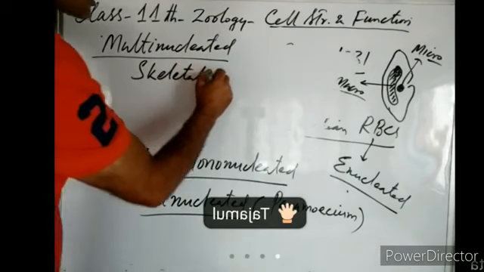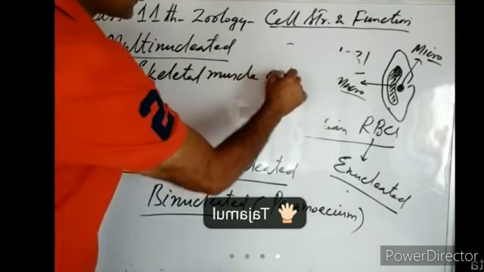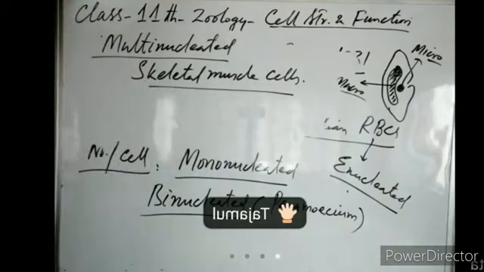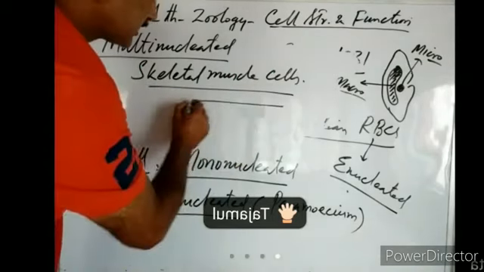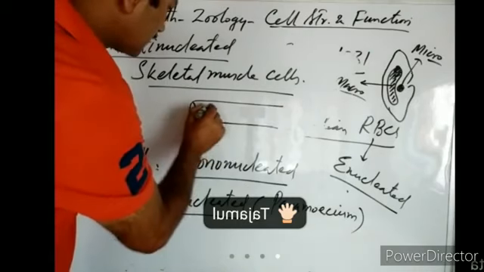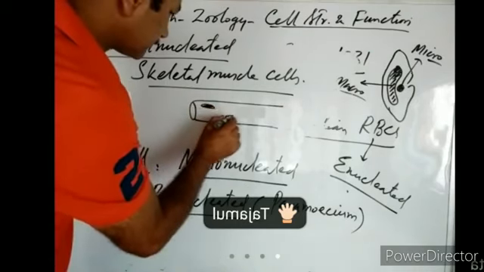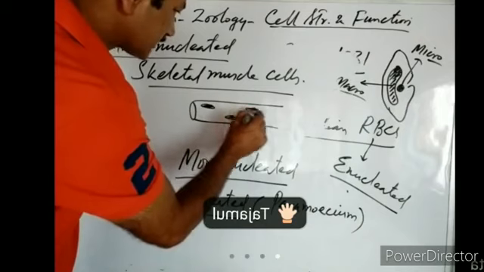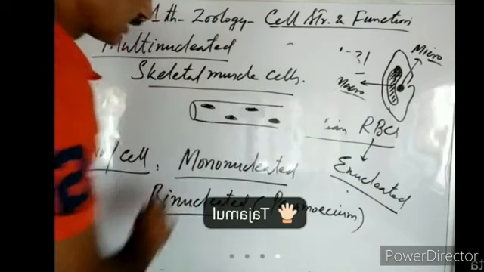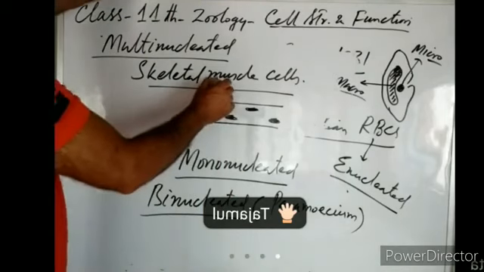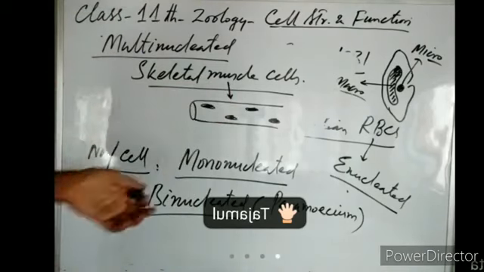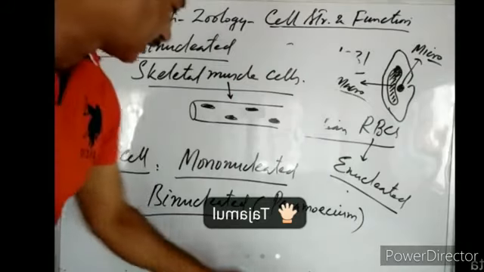The skeletal muscle cells of our body have many nuclei in them. This is the skeletal muscle cell, and it has many nuclei in it. So generally cells are uninucleated, but some cells are binucleated, having two nuclei, and some have many nuclei. That condition is known as multinucleated.